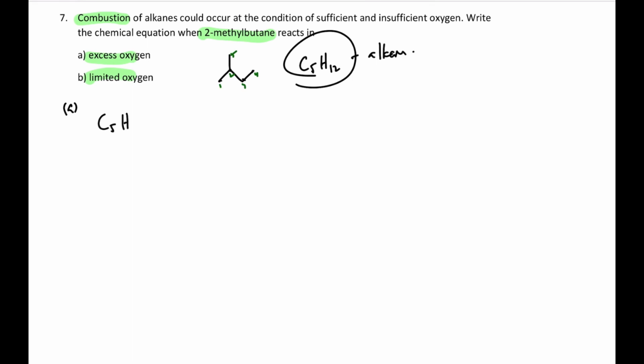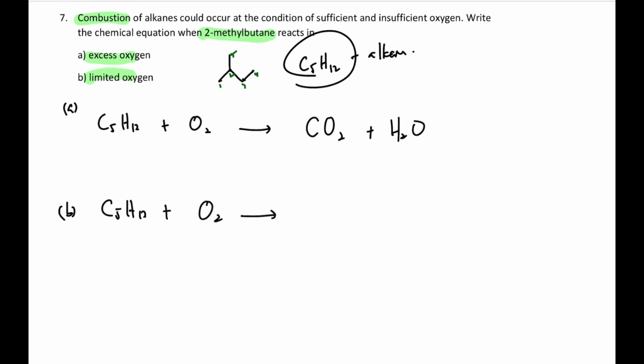Jadi kita buat formula C5H12 react dengan oxygen, kalau excess oxygen hasilkan CO2 dan H2O. Alright, and then B pula kita ada C5H12 sama juga O2, cuma beza dia produk. Kalau limited dia akan dapat CO dan H2O.